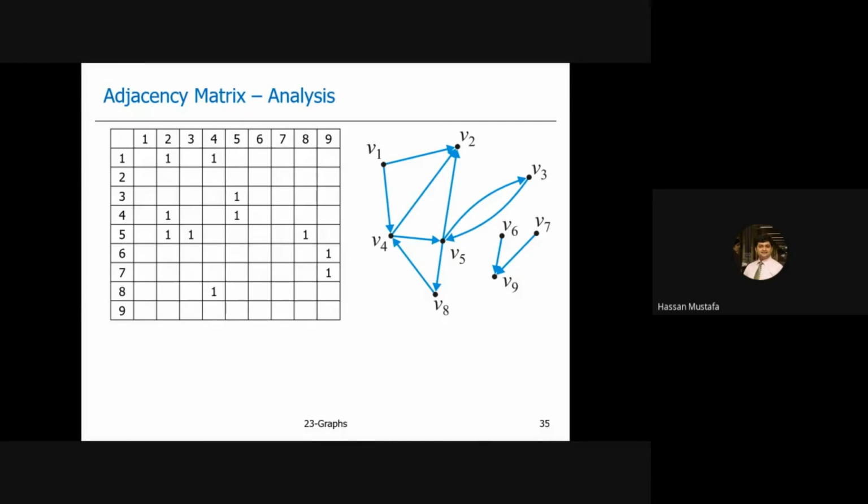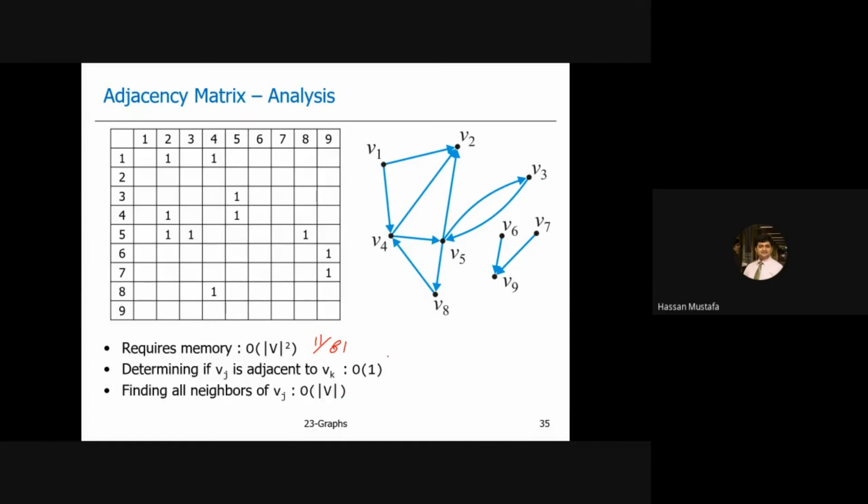So I have placed only 11 ones here, and it requires the memory of 9 cross 9, that is 81 cells, and I have used only 11 of those cells. Okay, so that's the actual issue in using adjacency matrices, that the matrix can be very sparse.